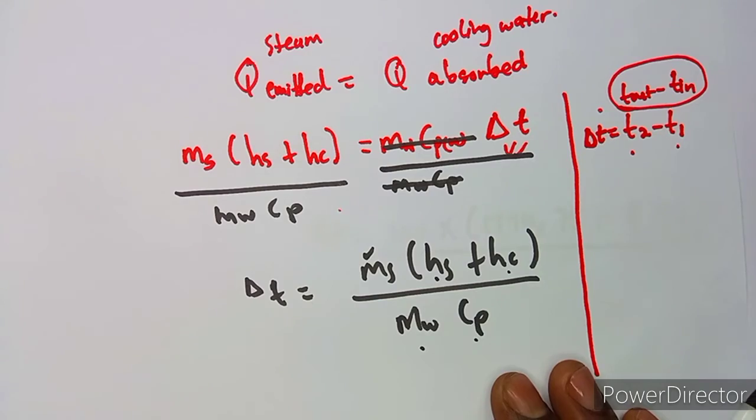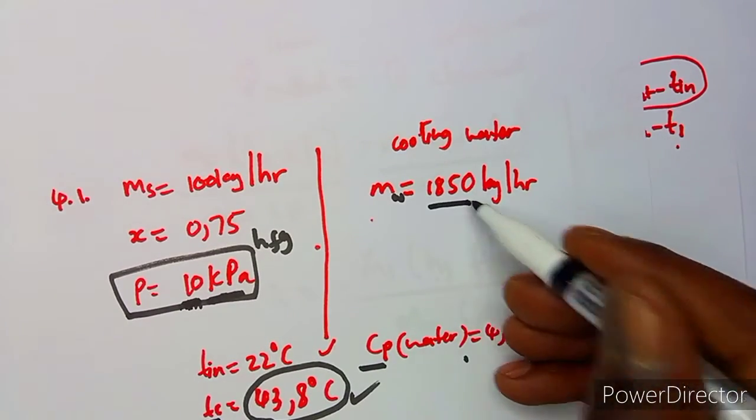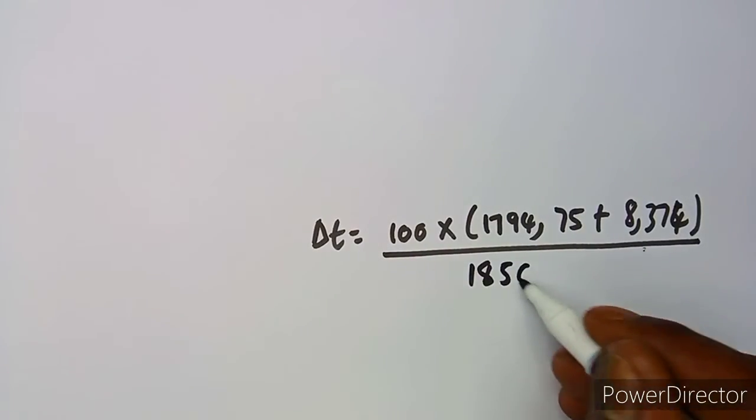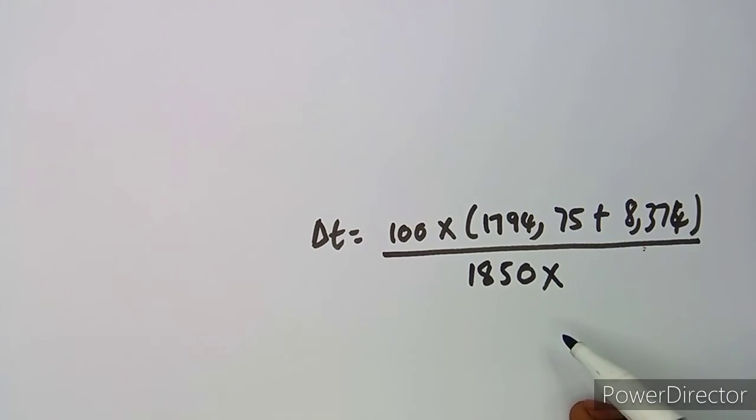This is your mass of water here, 1850. So we've got 1850 times Cp for water, which is 4,187.